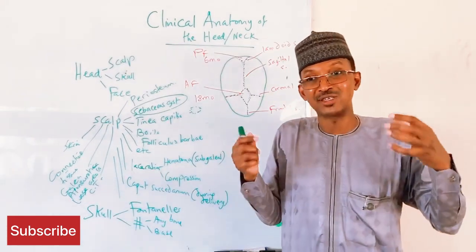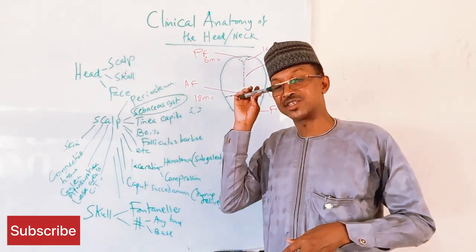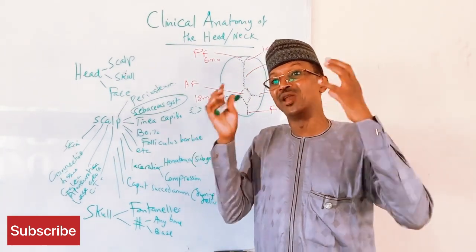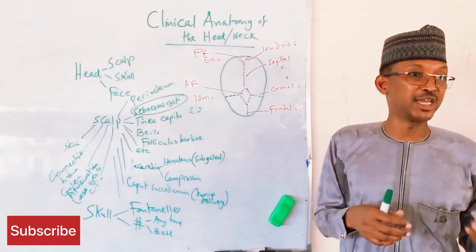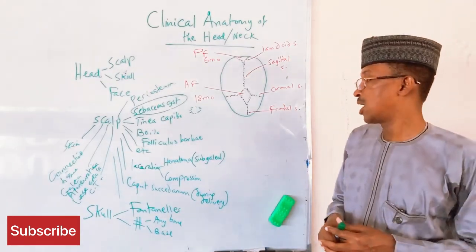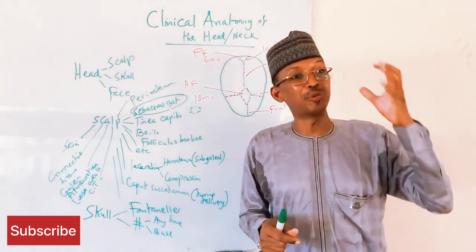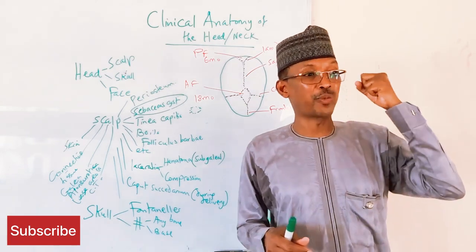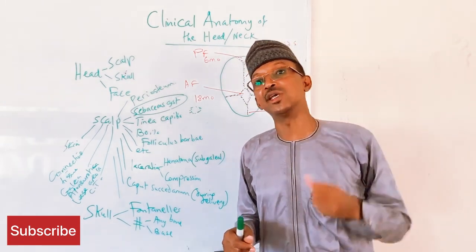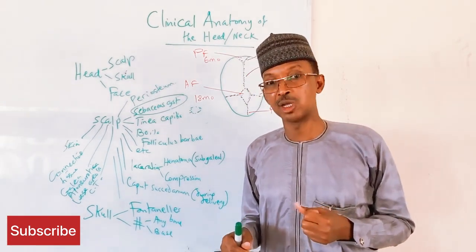A lot of blood vessels are there. That is why when there is a laceration on the scalp, you see people bleeding a lot, because the scalp is well vascularized because of the hair that we have. And so for you to be able to stop the bleeding on the scalp, you have to make some compression along the area of the laceration.